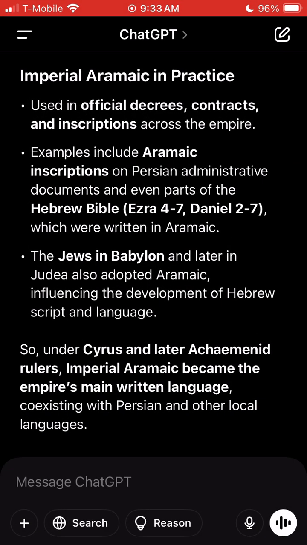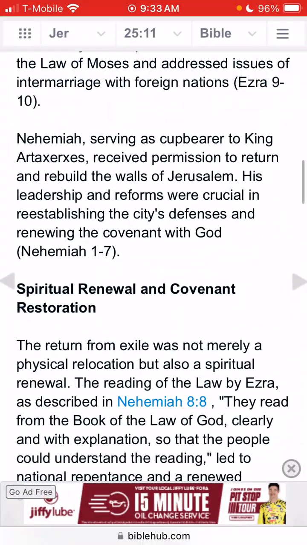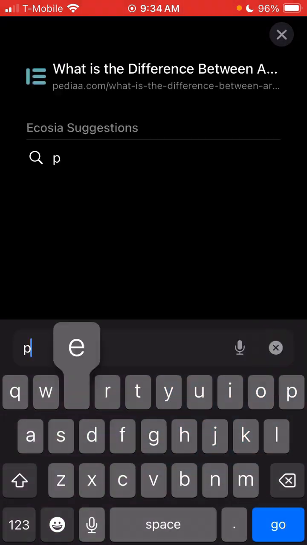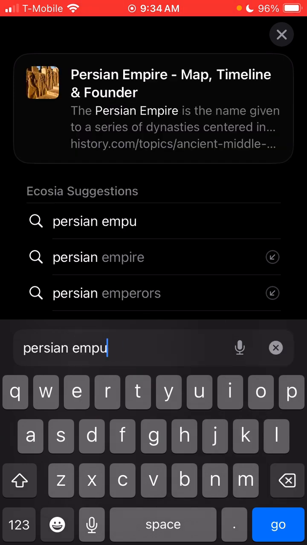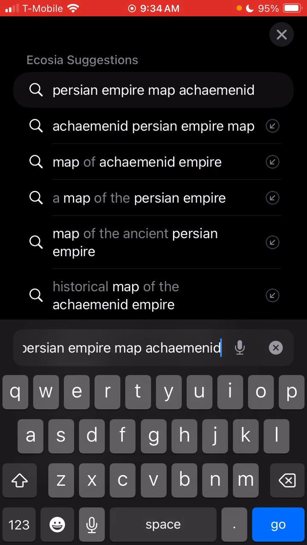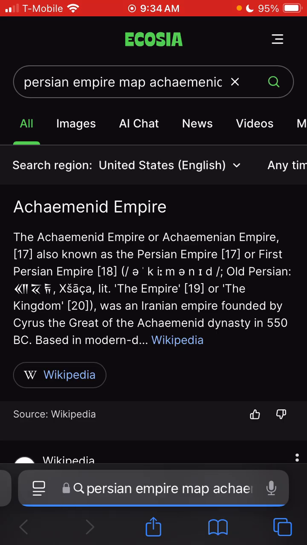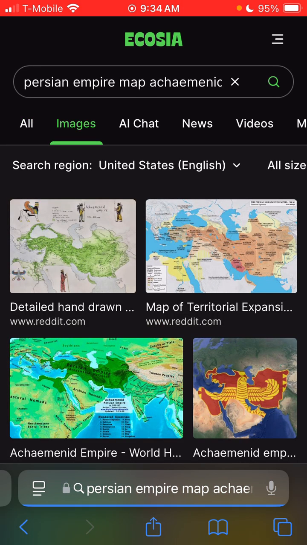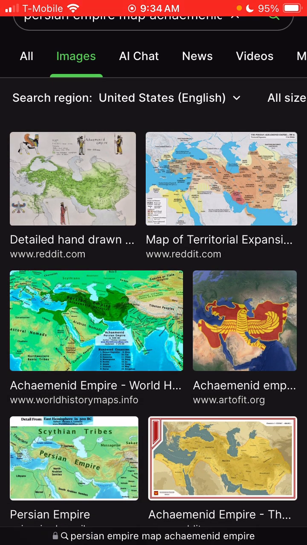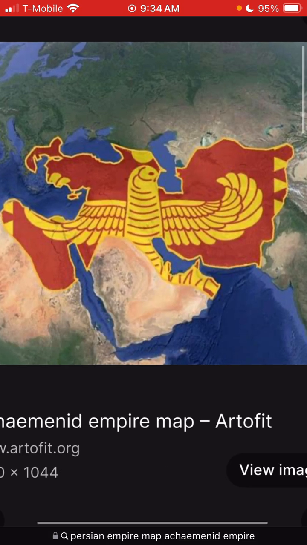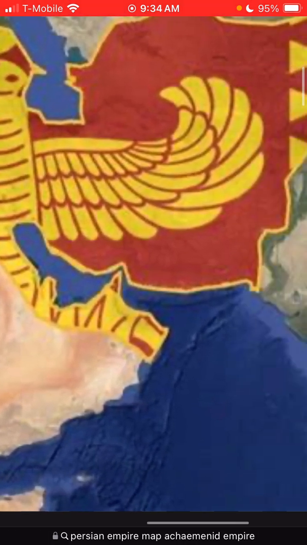Right, and during that time of Ezra, where was Ezra captive? Let's look at the map. It's a cool map. So yeah, we were way over here somewhere.